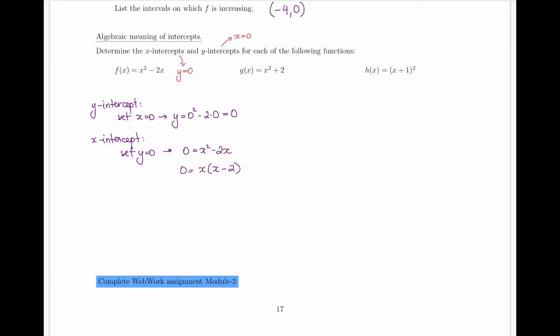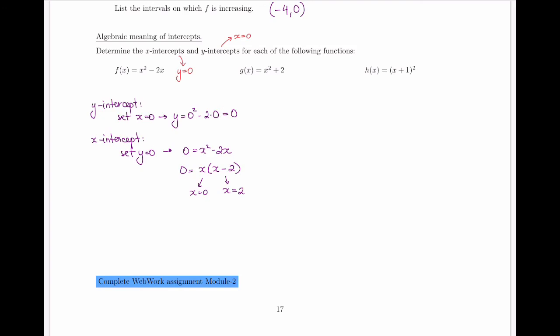And then, as I've said before, the strength in factoring is the fact that we've turned it into a product. A product is only ever 0 if one of the factors is 0. So either x is 0 or this bracket is 0, which it is when x is equal to 2. So I have 2 x-intercepts and 1 y-intercept.